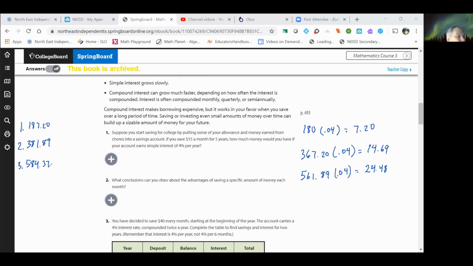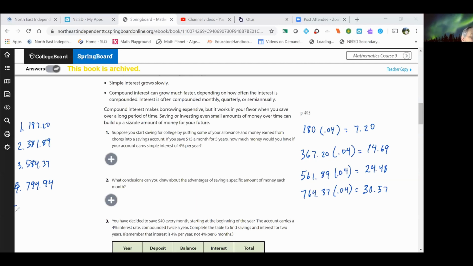At the end of year 4, I'm going to have $764.37. The bank gives me 4% interest, so I multiply that times 0.04, and that gives me $30.57. I add that to the $764.37, and at the end of 4 years, I'm going to have $794.94.